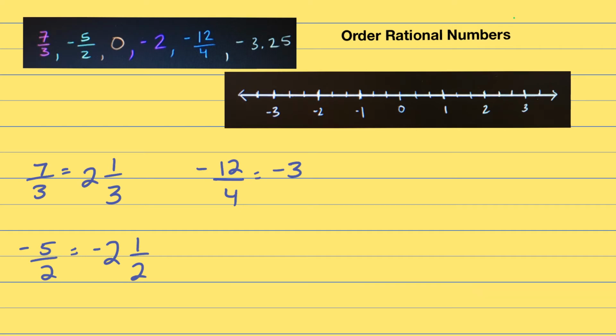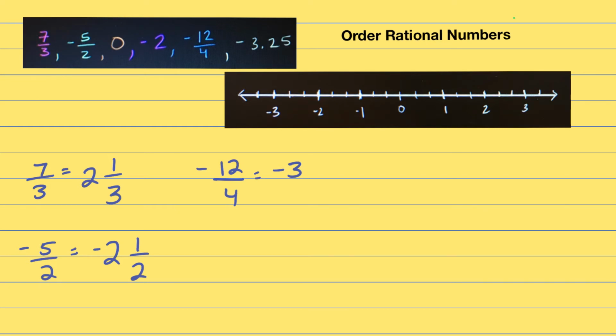All right, so I took 7/3 and turned it into positive 2 1/3. Negative 5/2 is negative 2 1/2. And negative 12 divided by 4 is negative 3. So now we can place some of these on the number line. Let's just go ahead and put the ones that are simple first.